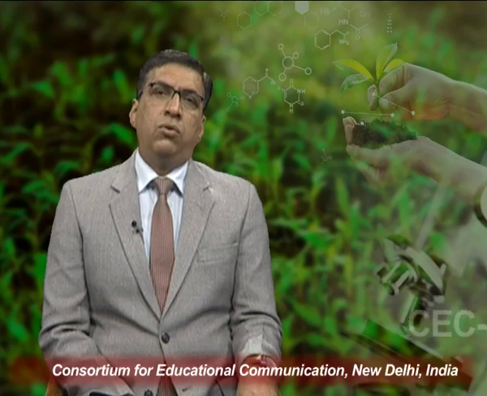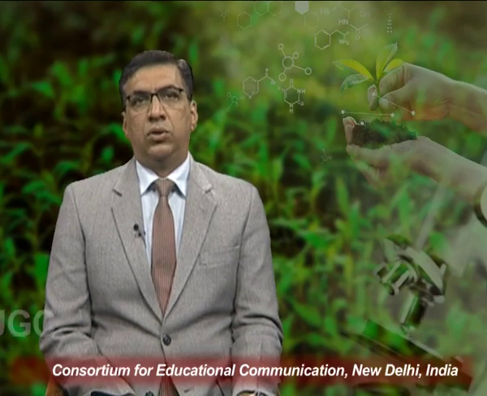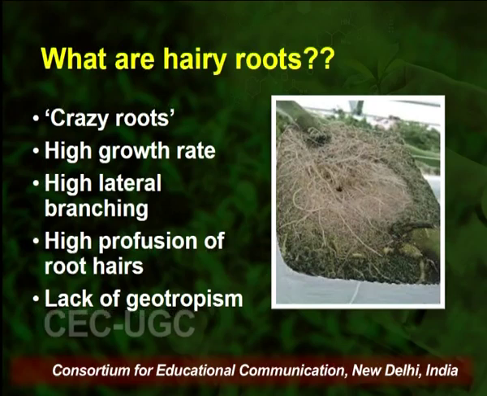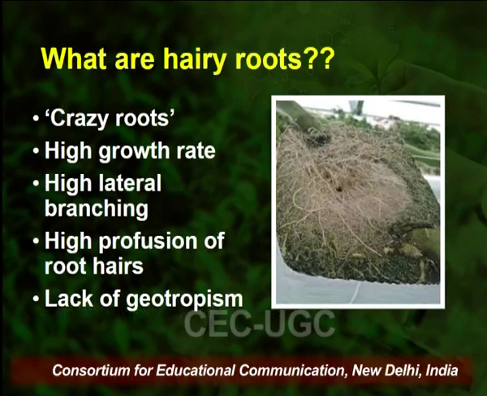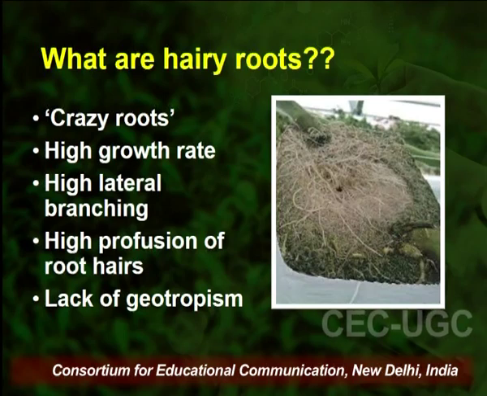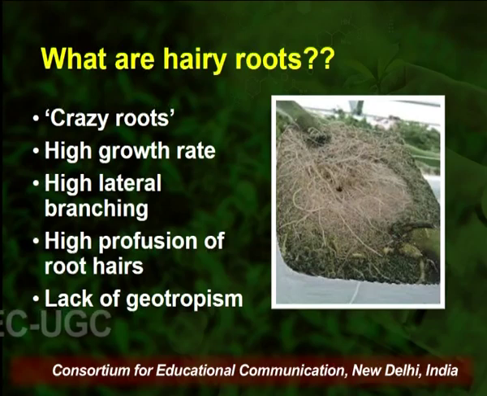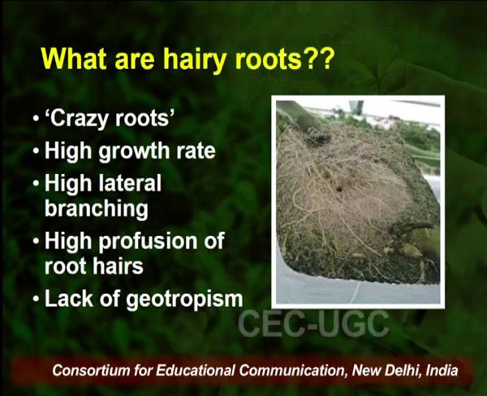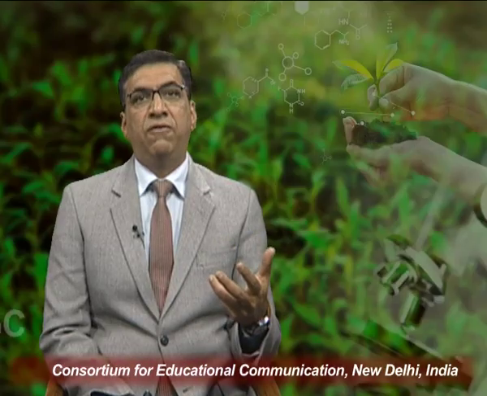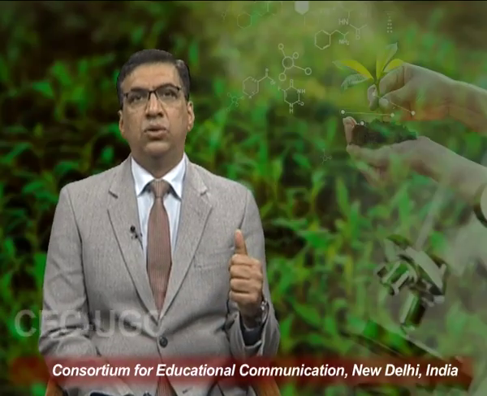Now we move on to what exactly hairy roots are. These hairy roots are also known as crazy roots, because, as I told you, during 1930 it was found that certain fruit crops developed hairy roots, and those roots had high lateral branching and formed a network-like arrangement, and the growth was very fast, and therefore we call them crazy roots.